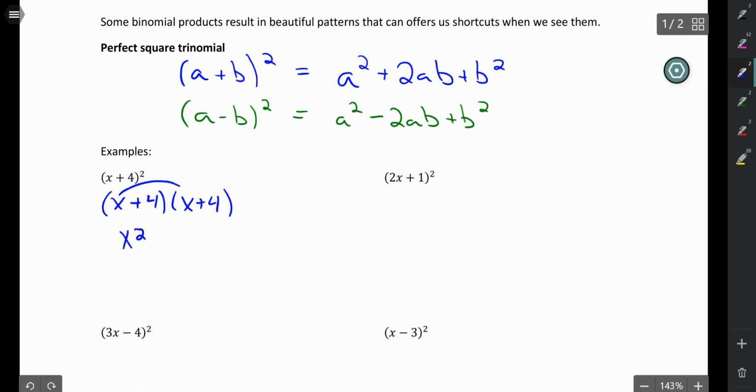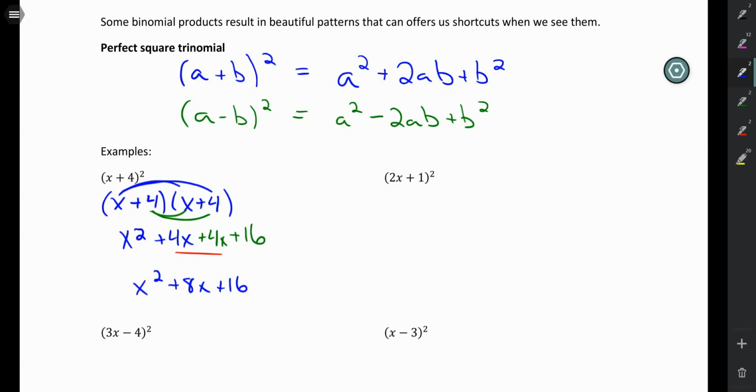So x times x is x squared, and x times 4 is 4x, and then here's our double, 4 times x is another 4x, and 4 times 4 is 16. Oops, almost forgot my x on there. Then we combine those like terms in the middle, and we get a final phrase, which is x squared plus 8x plus 16.